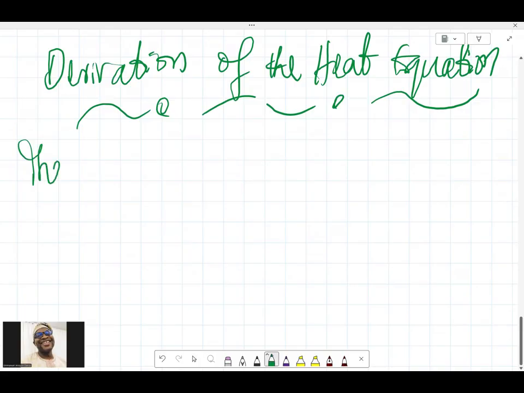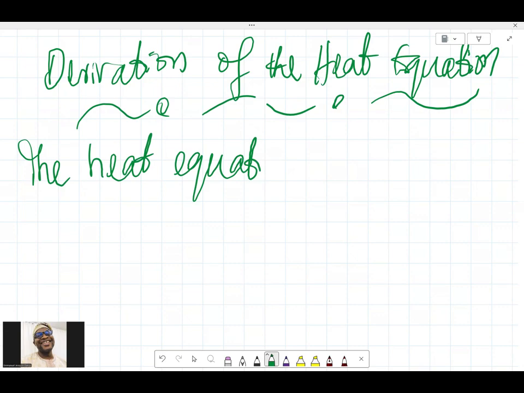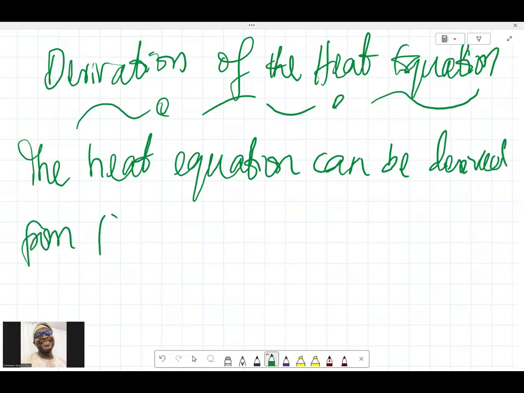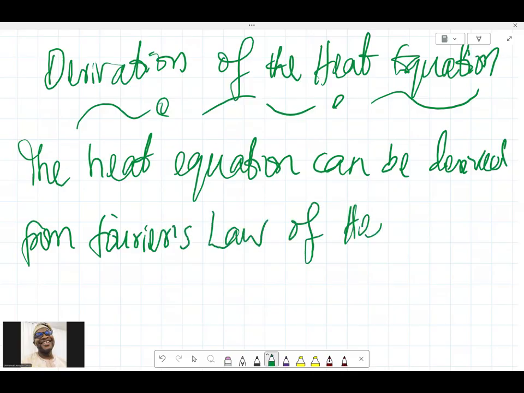So the heat equation can be derived from Fourier's law of heat conduction. So you see Fourier is everywhere.